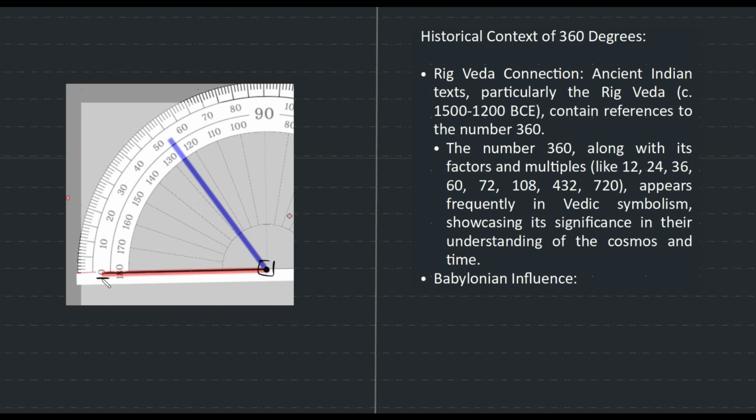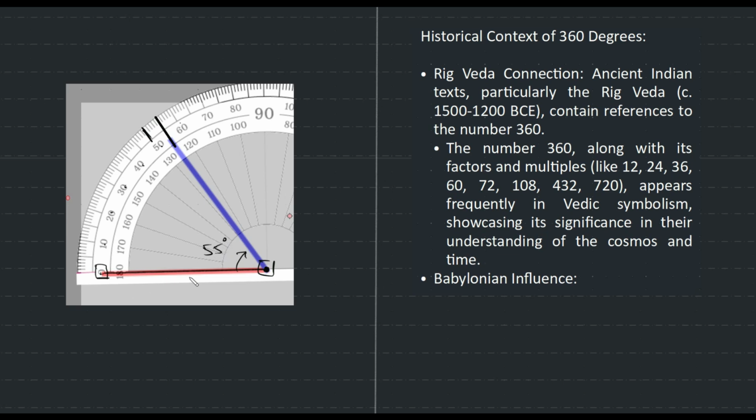You can see 0 is on the outer circle, the semicircle. That's where you start the count with 0, 10, 20, 30, 40, 50. But it's not exactly 50. It's between 50 and 60. So we'll go to the top division. Clearly, if I extend this, it's 55 degree approximately. So this is 55 degree.